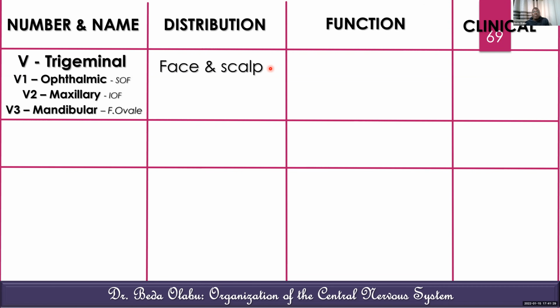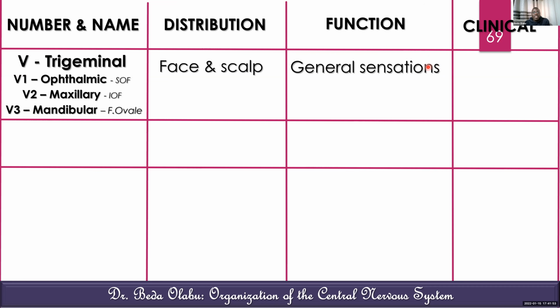Well, they may also be coming from the meninges as well. What is the role of that? The purpose for that is general sensation. So things like pain, temperature, touch, vibration, and proprioception sensations are relayed by the trigeminal nerve.